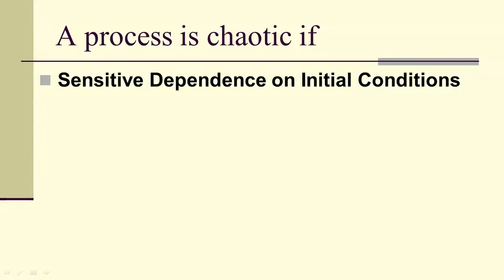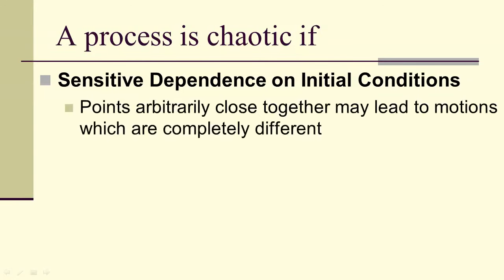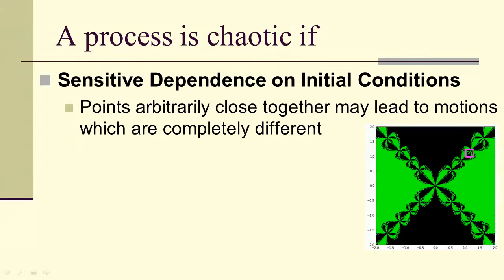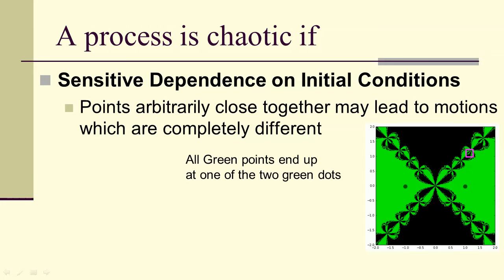So a process is chaotic if you have sensitive dependence on initial conditions, which means points arbitrarily close together may lead to motions which are completely different. We can see that in this example of the Newton's method classifier problem. We have in this little magenta square points that are both black and green.